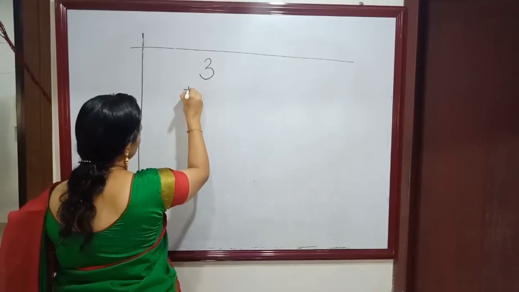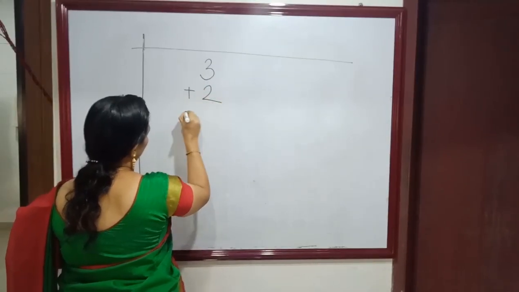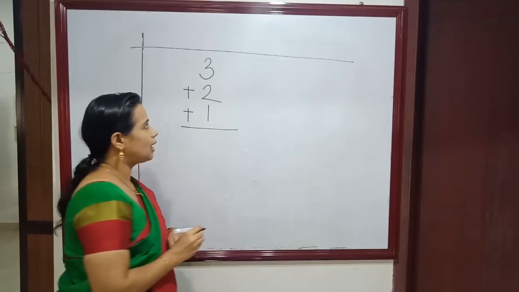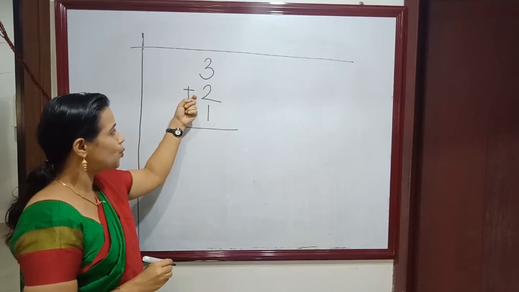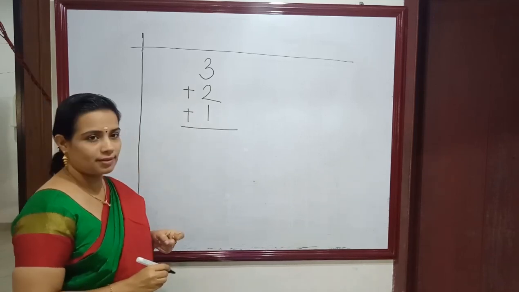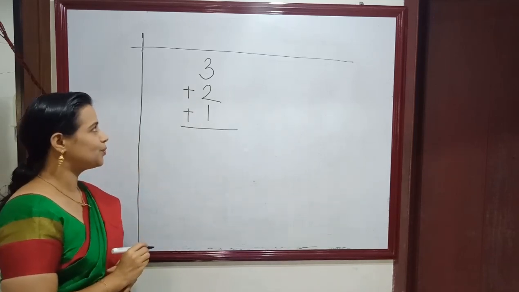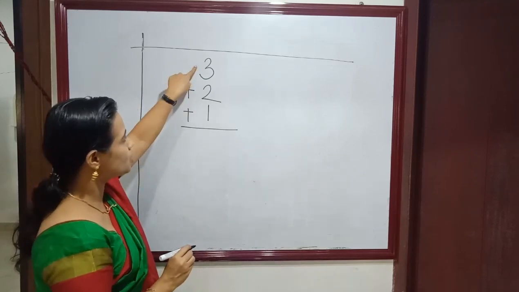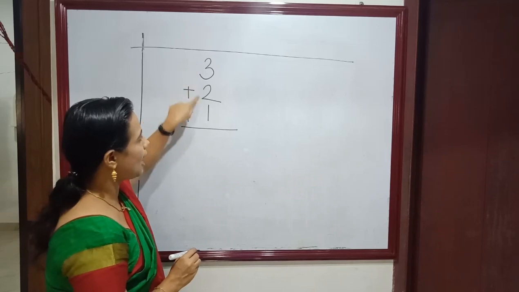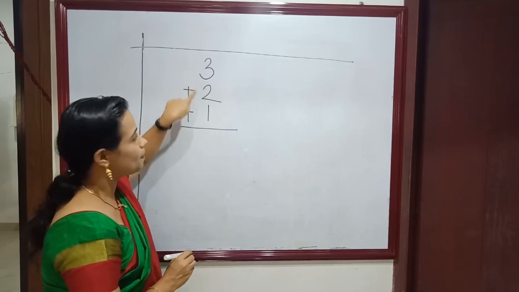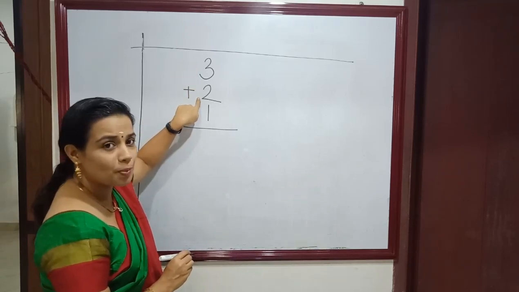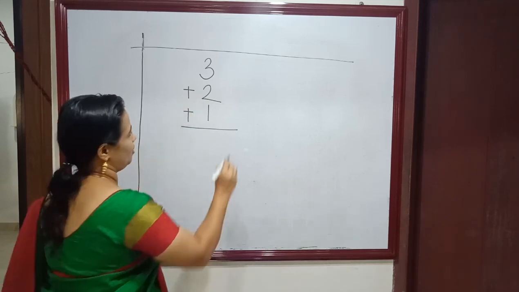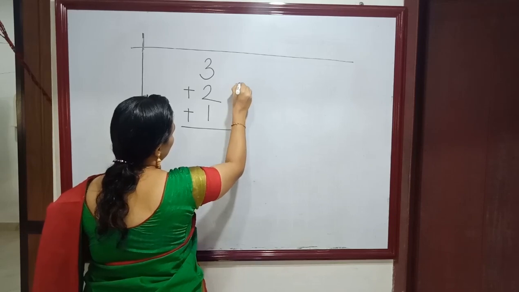3 plus 2 plus 1. So what do we do? Firstly, we have to add the first two numbers, 3 and 2. 3 plus 2 is equal to 5.